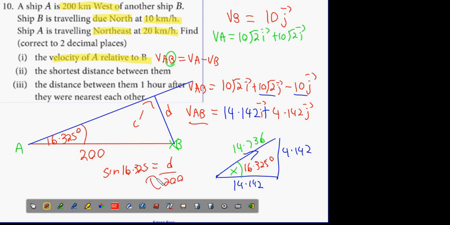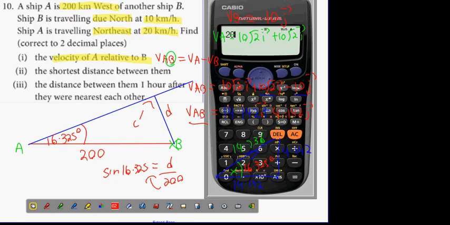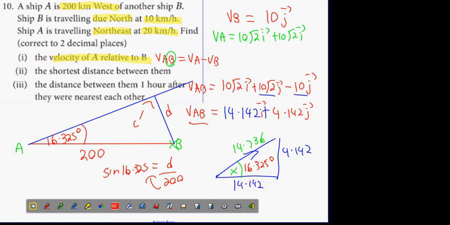Cross multiply that 200 upwards. And what we're going to get is 200 sine 16.325. 56.21 is the closest distance.